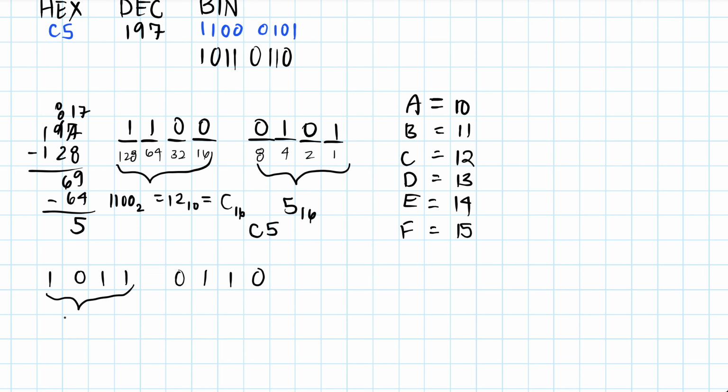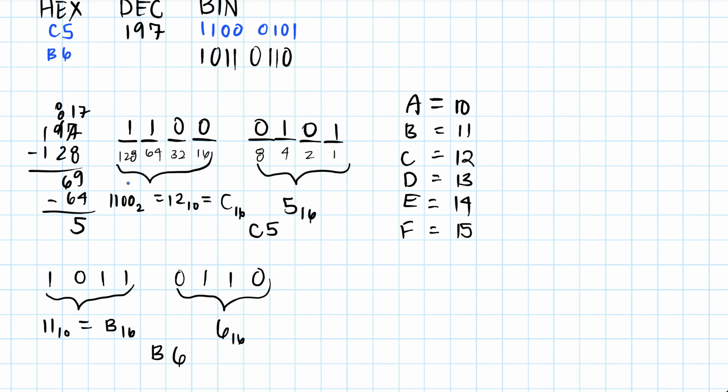So 1011, what is that, 11. This is 11 base 10, so that's equal to B base 16. And then this is 6 base 16. So when we combine them, we get B6. Really easy. So let's fill out our chart here.